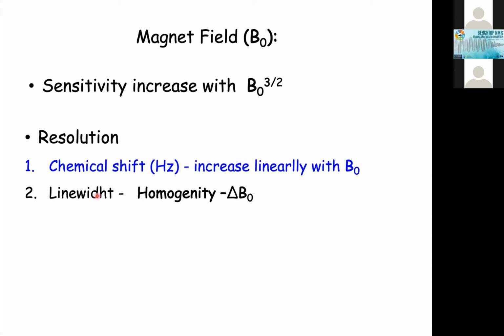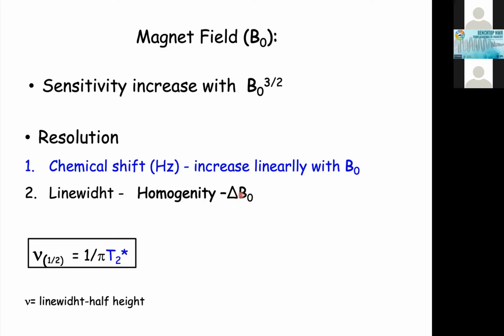Also, the magnetic field is responsible for the line width, because depending on how the magnetic field changes inside of the sample volume, it gives you different resonance frequencies. Then we have to be careful to have a high resolution experiment, minimizing this magnetic field inhomogeneity.